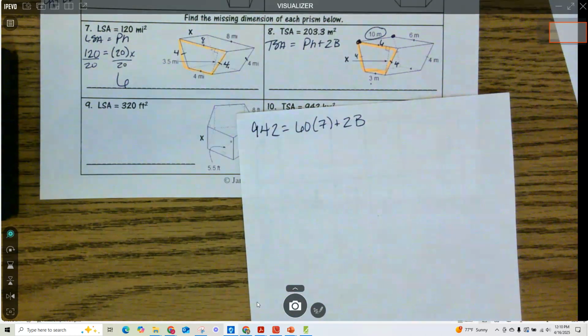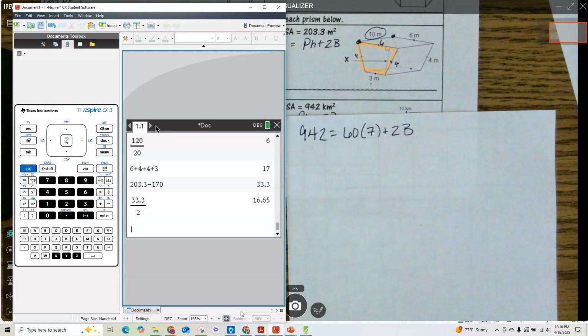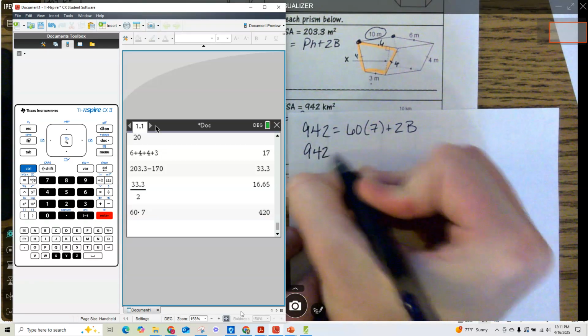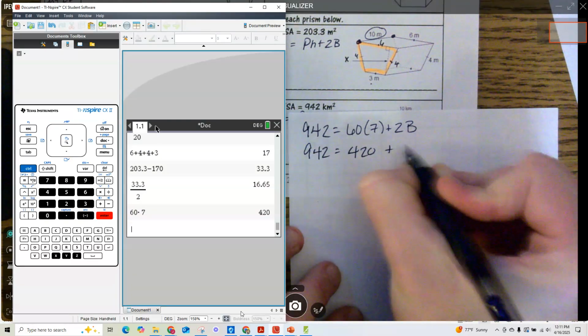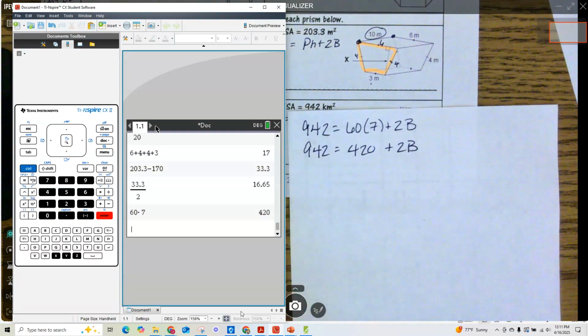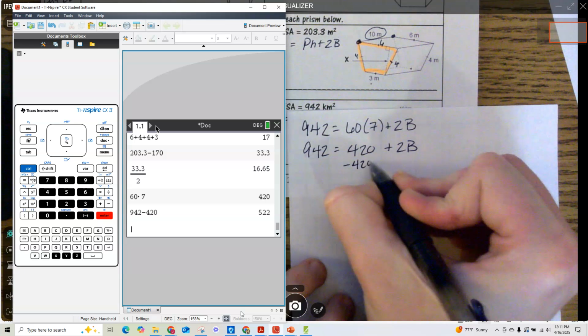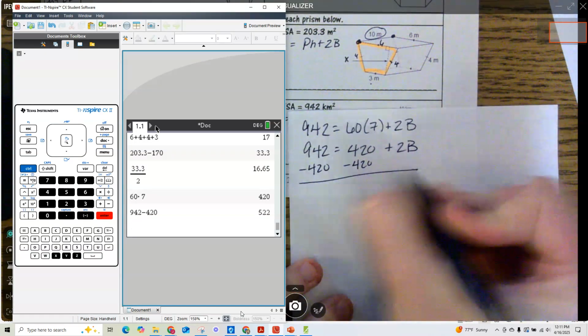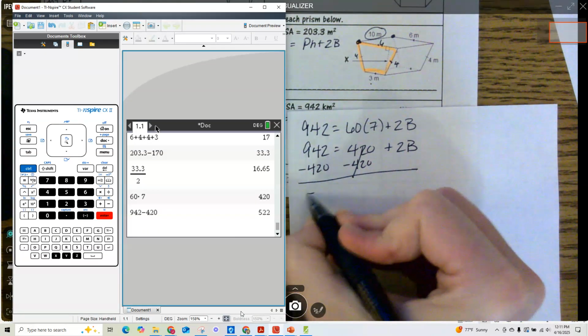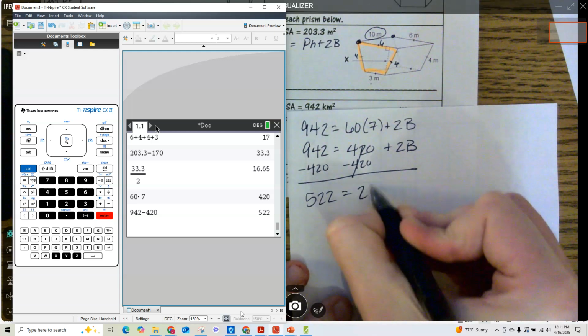So we simplify. We're going to do 60 times 7. Okay. All right. What's the next step? Minus 420 from both sides. 522.